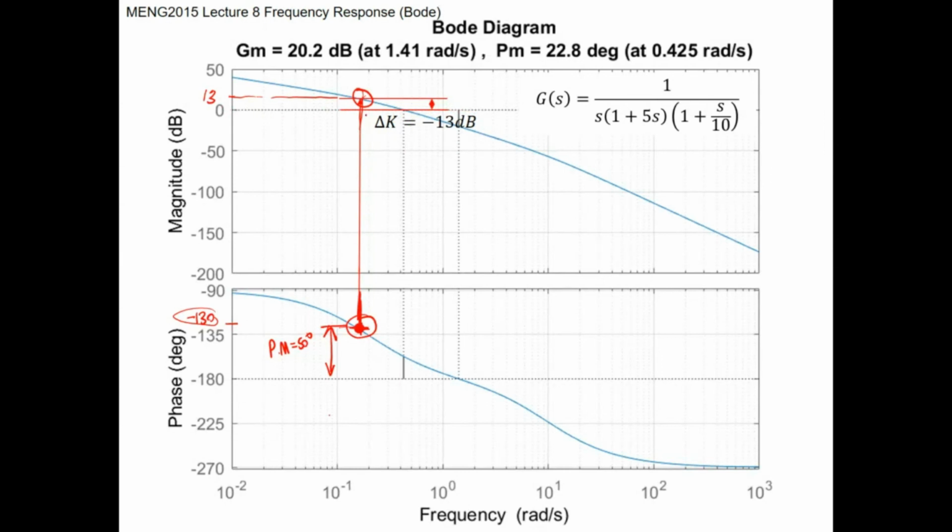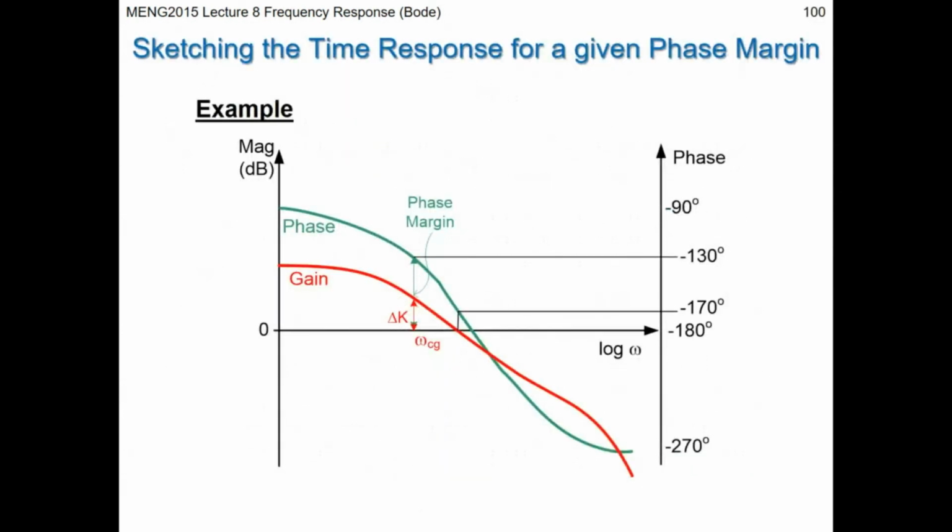So it's going to be 13 decibels, which means I need to move my magnitude plot down by 13 decibels. It has to go down by minus 13 decibels. If it does that, then the crossover point of my gain line will occur at the frequency I need it to occur at to give me a phase margin of 50 degrees. That's what we're trying to achieve.